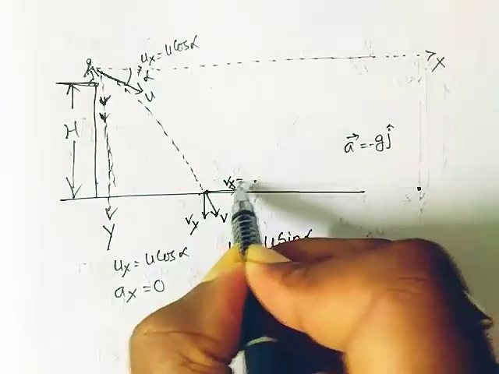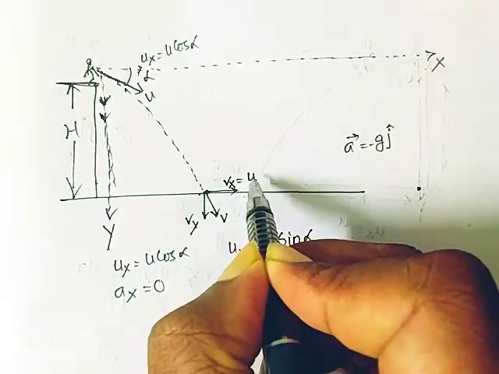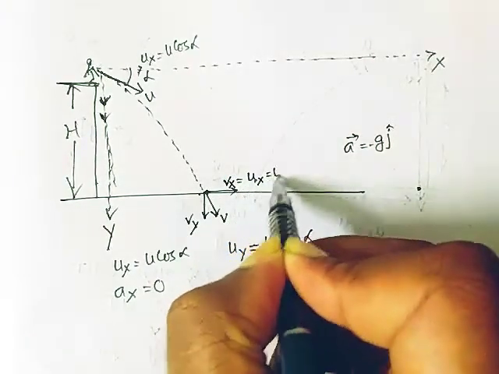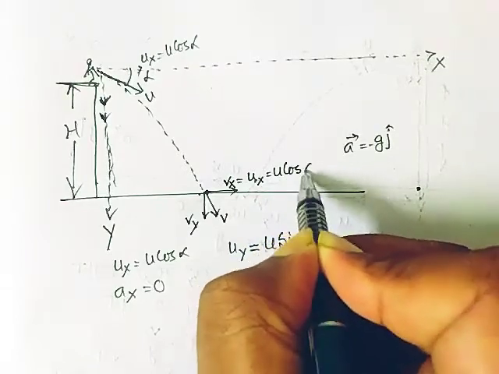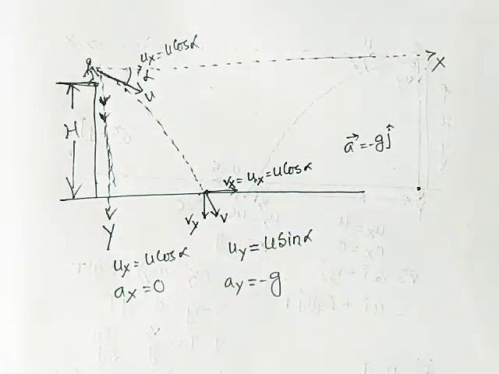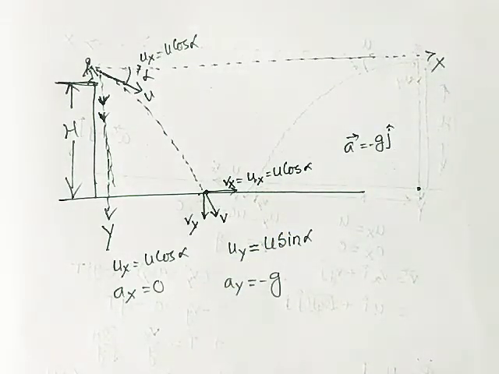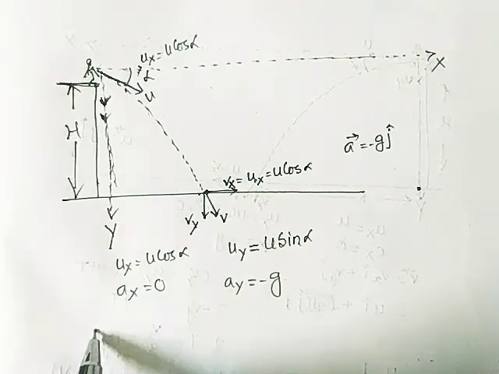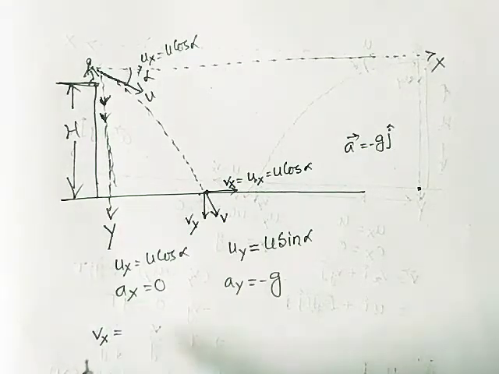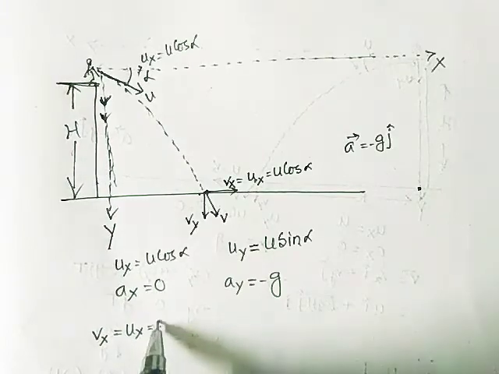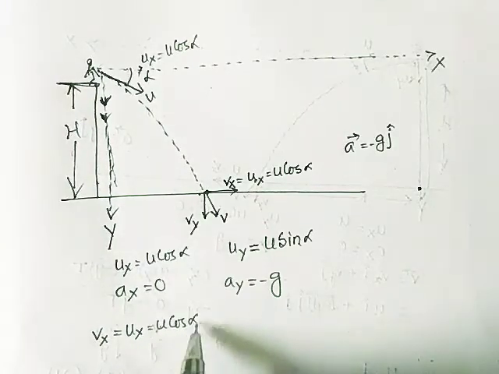So vx will remain constant, equal to ux equal to u cos alpha. It will never change because no acceleration is acting on it. The x component of velocity is not changing here also. So when it strikes the ground, at that time vx equal to ux equal to u cos alpha.